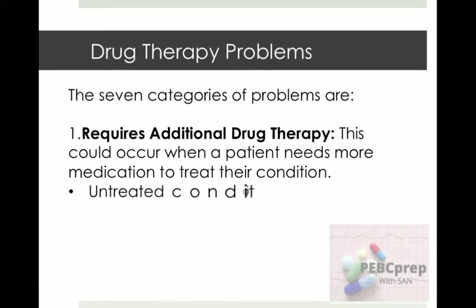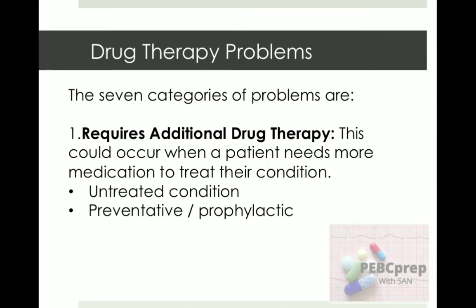For example, an untreated condition, preventative or prophylactic, synergistic, potentiating. A best example is when a patient is using salbutamol on a daily basis, so we add on corticosteroids with it.